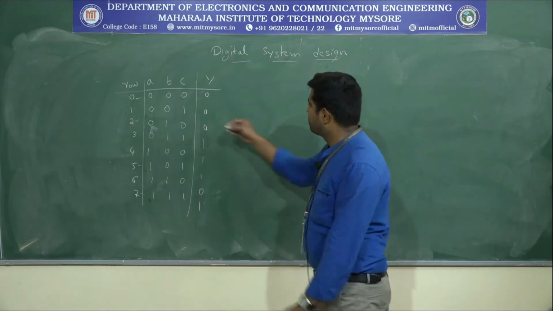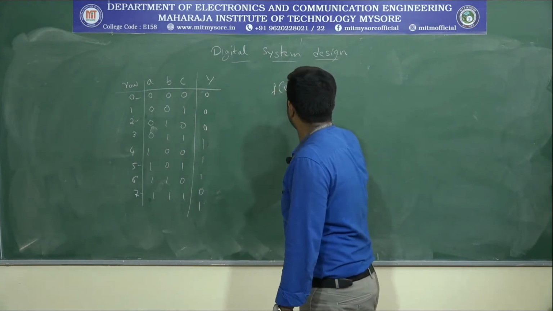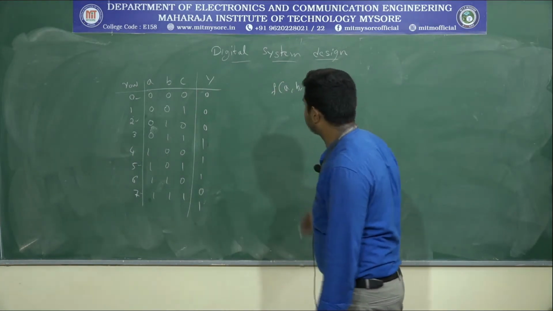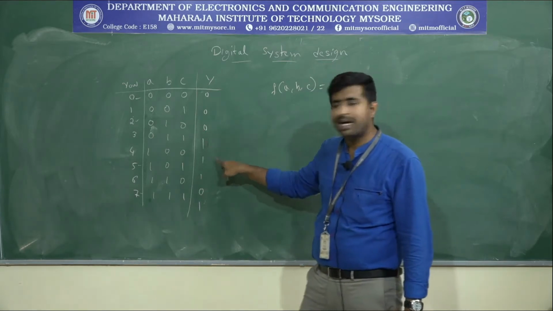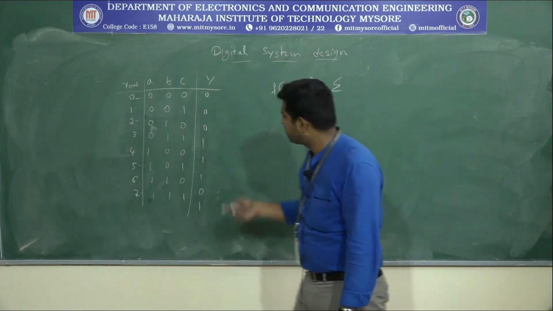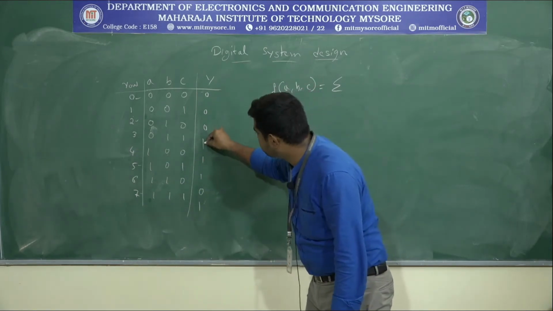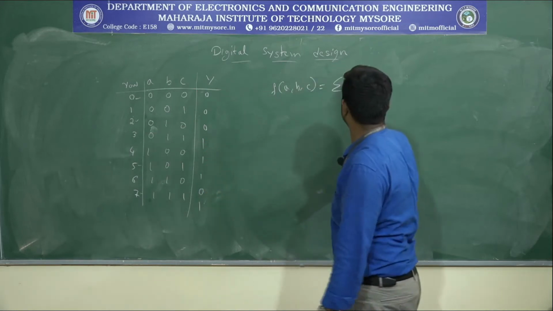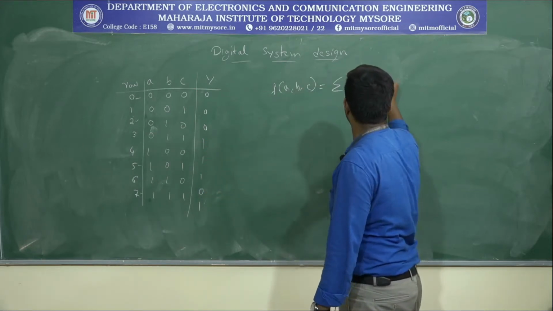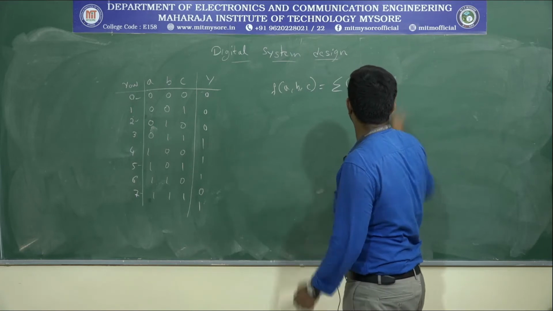So f of a, b, c equals summation of wherever the 1 is generated, we need to look at its corresponding row number. That is here corresponding to 3, 4, 5 and 7.